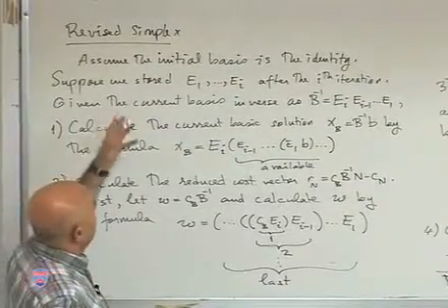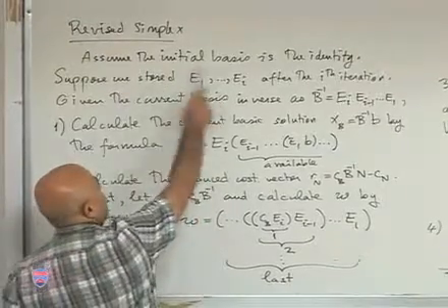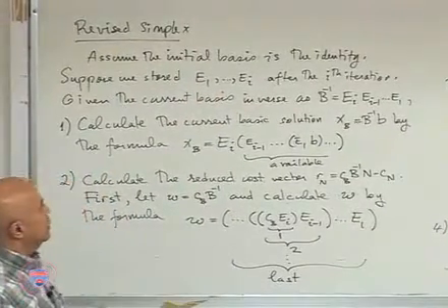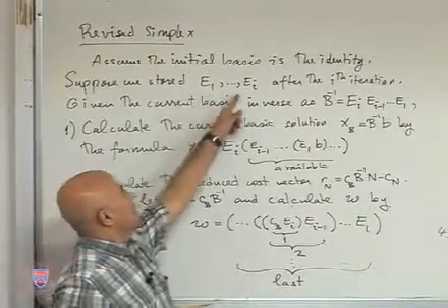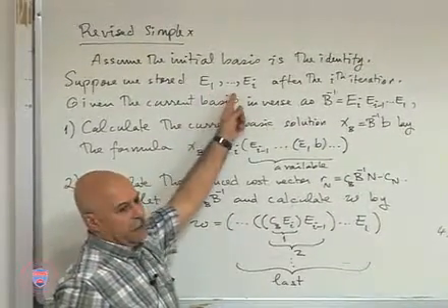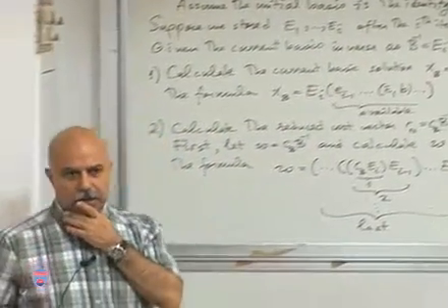So we assume we're in the ith iteration. At the beginning, we assume we began with the identity matrix as the initial basis. So at the end of the ith iteration, we will have stored the elementary matrices E1 through Ei.